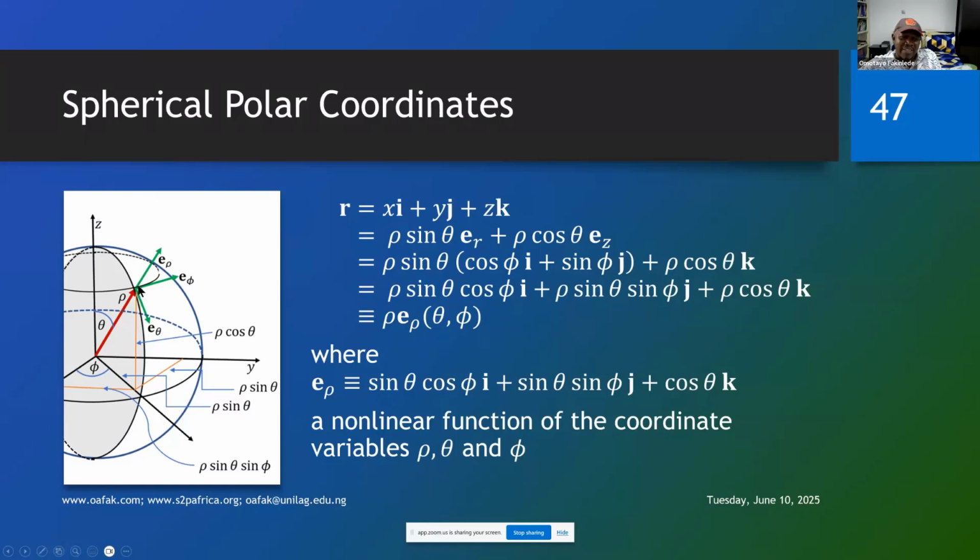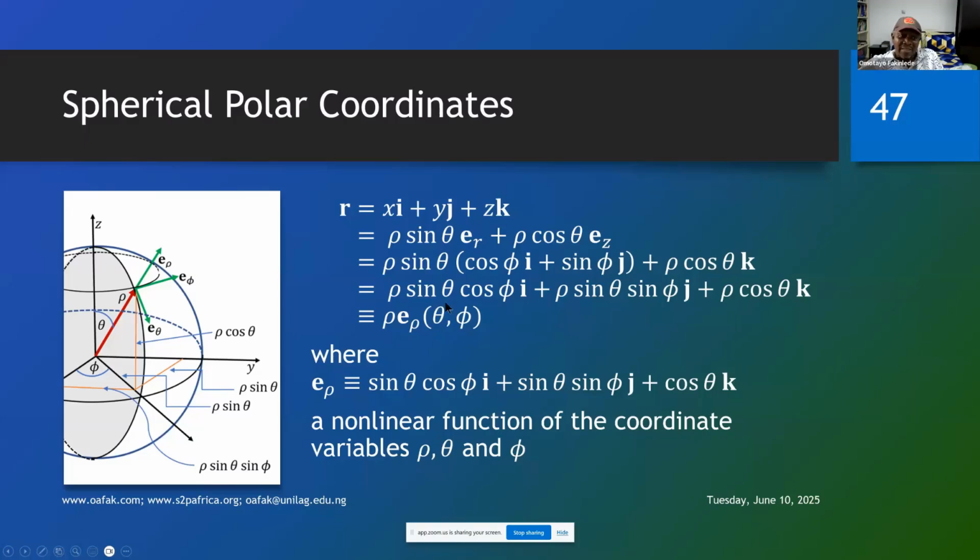So now your E rho is radiating outwards, E phi is the tangent to that latitudinal line there, and E theta is the tangent to the longitudinal line there. So that's what you have, and the relationship between R and rho is what you have here.